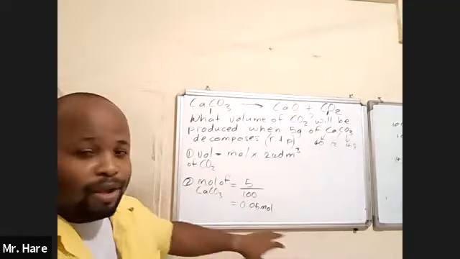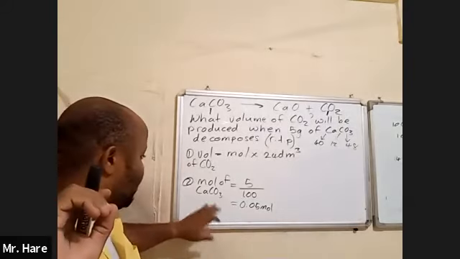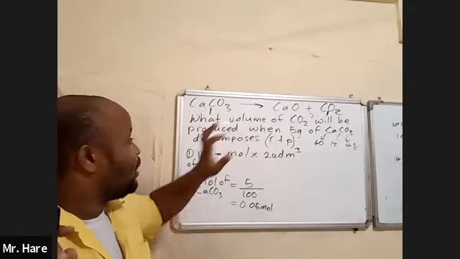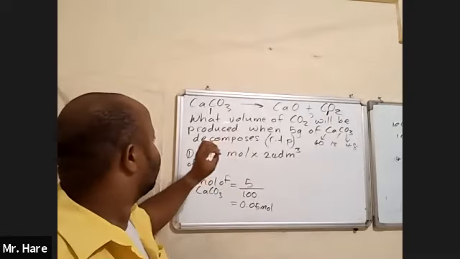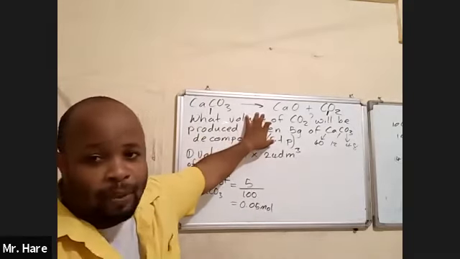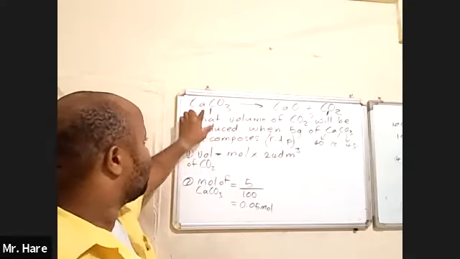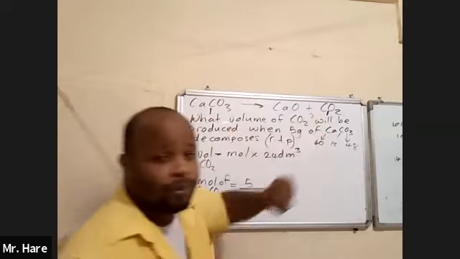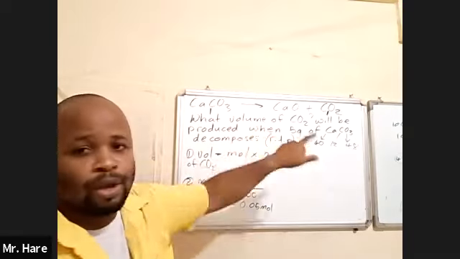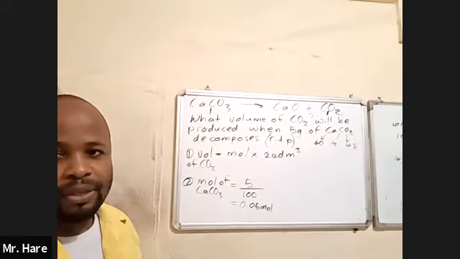So we have the mole of calcium carbonate, but we need the mole of CO2. So you are going to come to the equation, right? Look at the mole ratio between calcium carbonate and CO2. It's a 1-to-1 mole ratio.